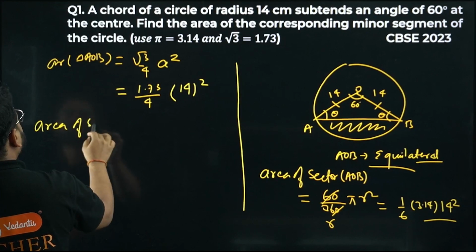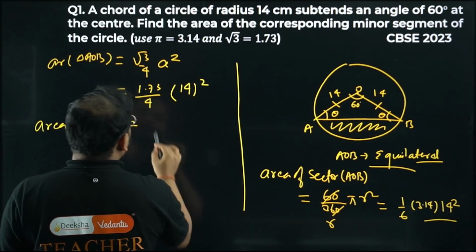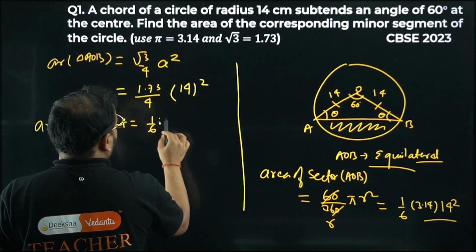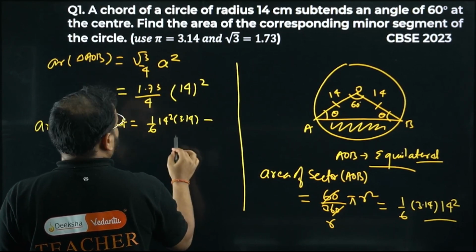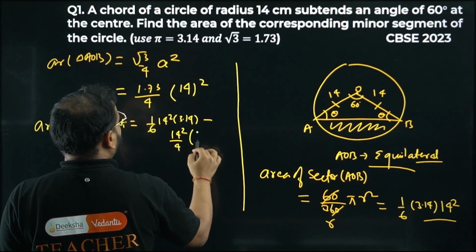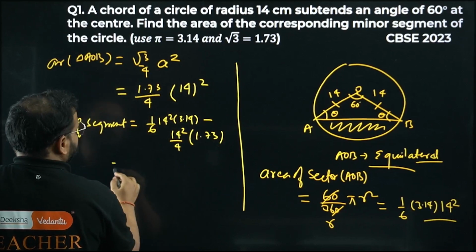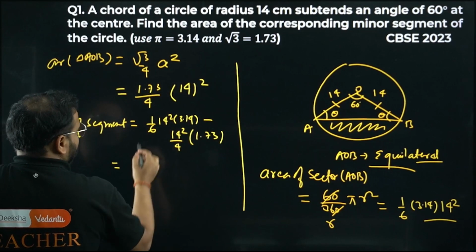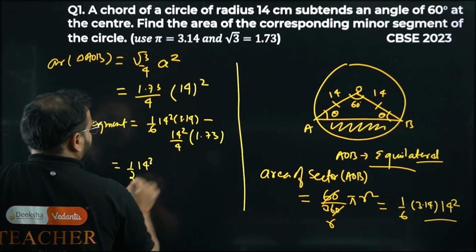We're looking for the area of segment, right? Subtract these two values. I have 1 by 6, 14 square times 3.14, minus 14 square by 4 times 1.73. I have something common, please check. I can take 1 by 2 and 14 square common.